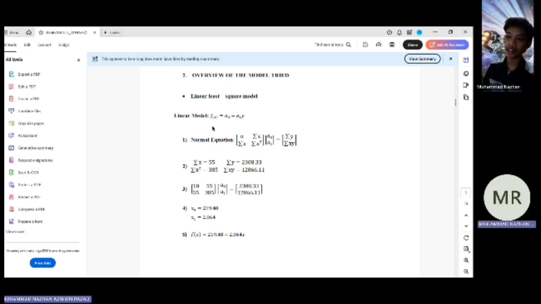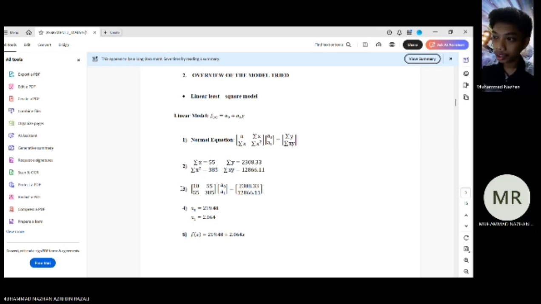After we enter the numbers into the calculator, we get, as shown at number 2, sum of x equal to 55, sum of x squared equal to 385, sum of y equal to 2308.33, and sum of xy equal to 20,866.11.